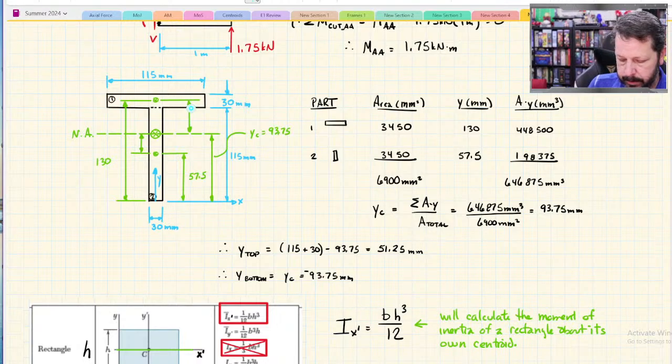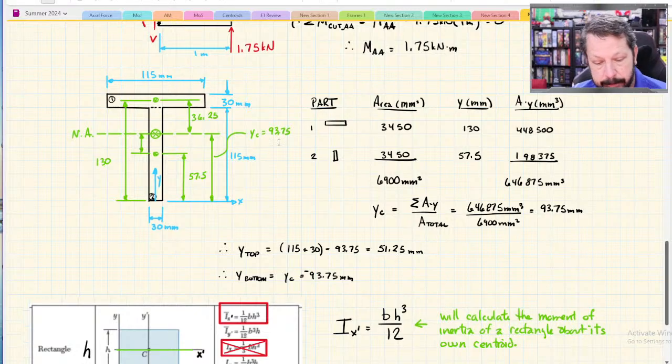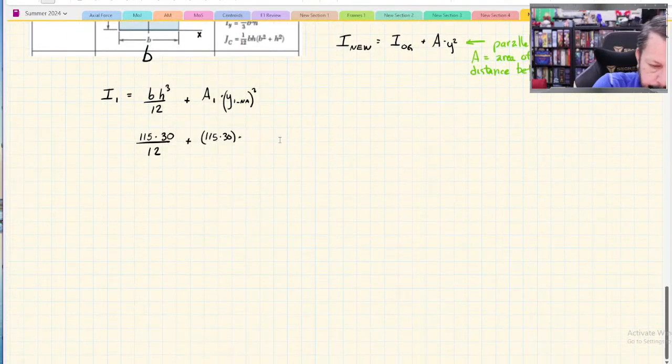Let's see what that is. 130 minus 93.75 is 36.25. This distance is the value for y. And that is squared. Okay?